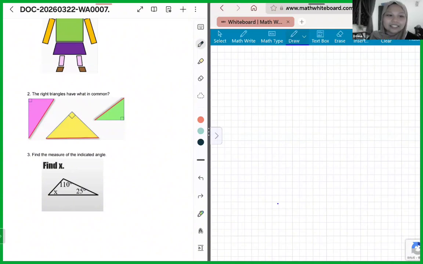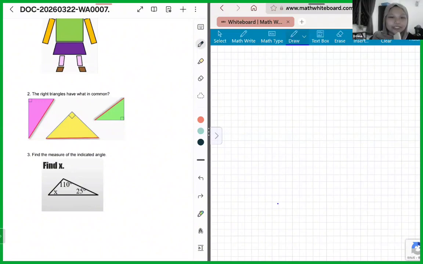The triangles all have the same angle, which is 90 degrees. Is it correct? It's correct, but it's not very detailed for this question. Of course it's an angle, but you need to write more detail in this answer.